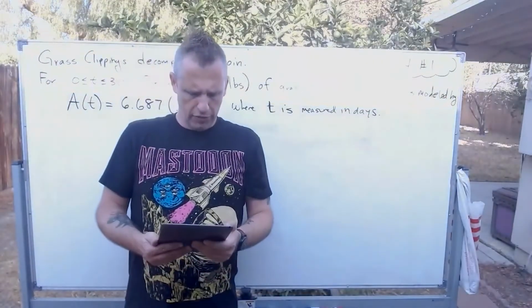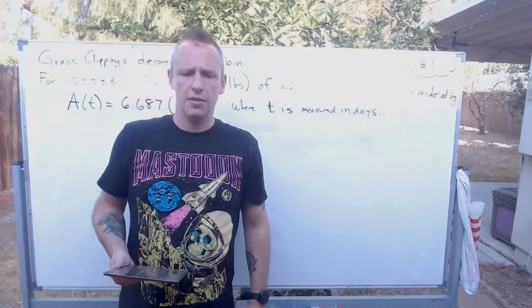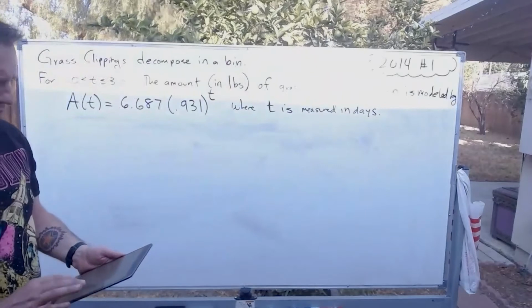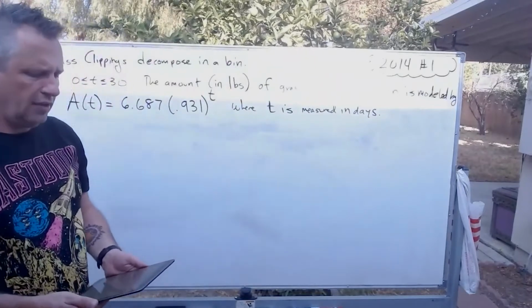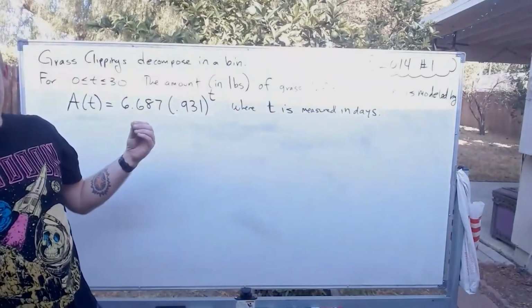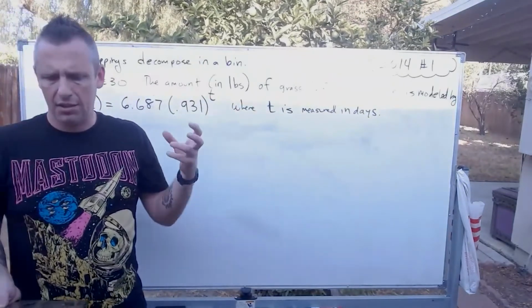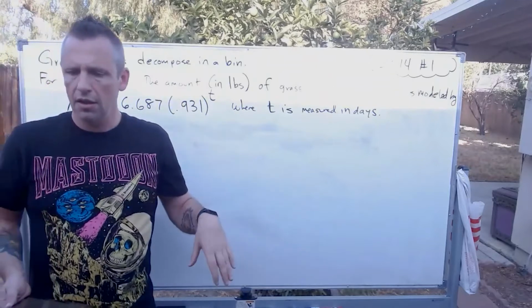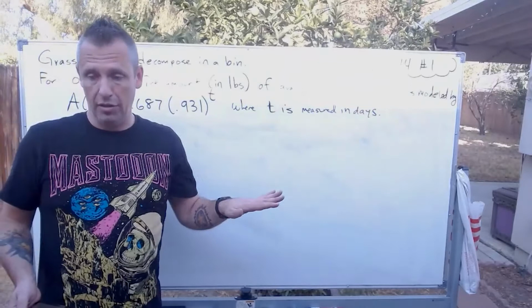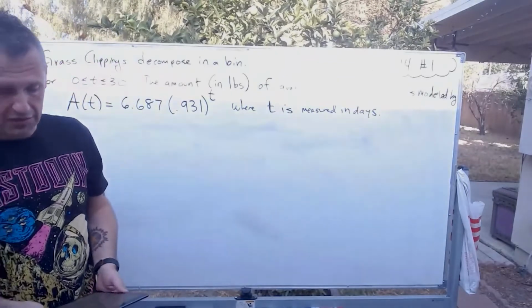Okay, so here we have it. We're finally on part C of this question. Part C is a pretty difficult one. Part C asks kind of a weird question. It says, find the moment in time over the first 30 days here when the amount of grass clippings in the bin is equal to the average amount of grass clippings that are in the bin over those 30 days.